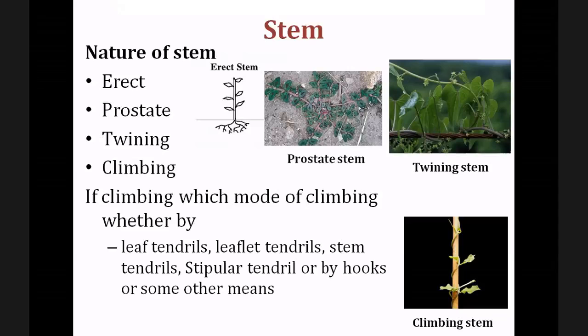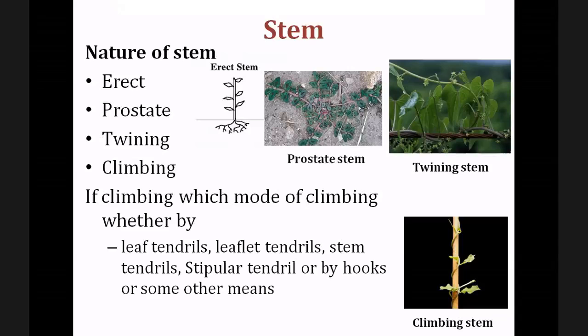The twining stem only twists its stem and climbs, but the climbing stem uses spines, adventitious roots, and tendrils for attachment to the support. By attaching to the support, they can climb.